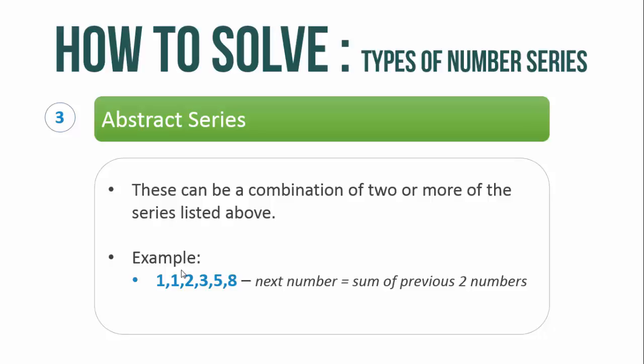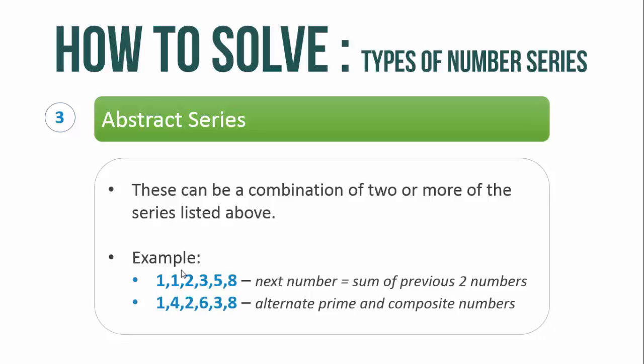It is not a geometric progression. So here you have to look for some other logic. In this particular series, the next number is the sum of the previous two numbers. For example, 2 is 1 plus 1, 3 is 2 plus 1, 5 is 3 plus 2, 8 is 5 plus 3.